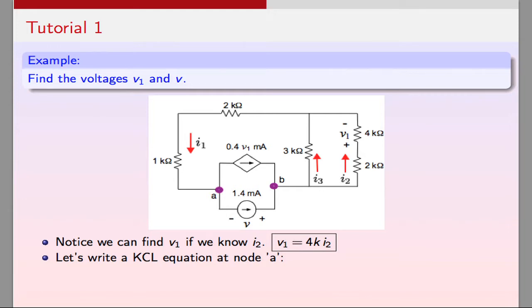So the equation can be written as follows. Minus I1 plus 0.4 V1 plus 1.4 is equal to 0, or I1 is equal to 1.4 plus 0.4 times V1. Keep in mind that the values of the two current sources are in milliamps.